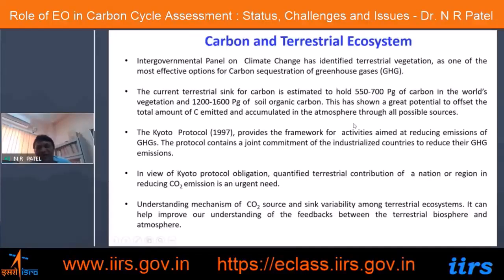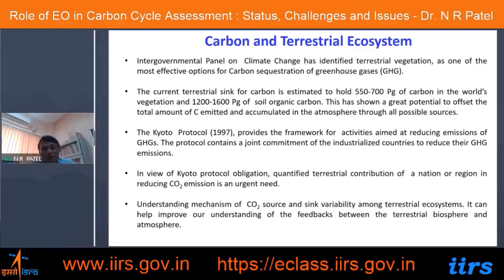So understanding this mechanism of carbon source and sink variability among terrestrial ecosystems is very much important, because finally we need to better understand how much carbon we can sequester in the land or in the terrestrial biosphere, so we can reduce the emission target for the country.